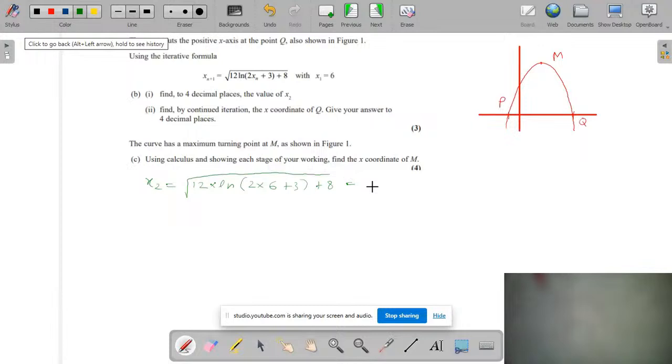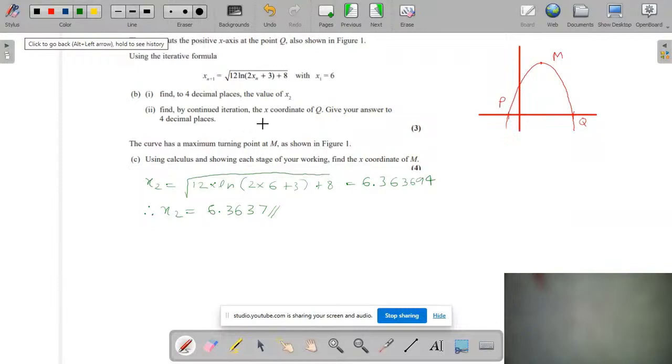You can type this in the calculator. You need to have a scientific calculator. The answer is coming something like 6.3694. But they ask me for how many decimal places? 4. Therefore, I can write x2 is equal to 6.3637.